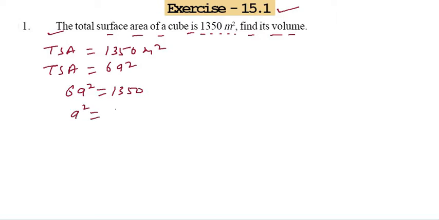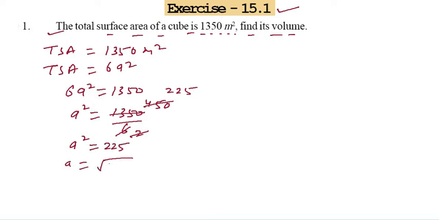Now A square is equal to 1350 divided by 6. So 3 2s are 6 and 3 4s are 12 and 3 5s are 15 and 0 here. So once again 2 2s are 4 and 2 2s are 4, 2 5s are 10. So A square is equal to 225. So A will be equal to under root 225, and the under root is 15. So A is 15 meter.